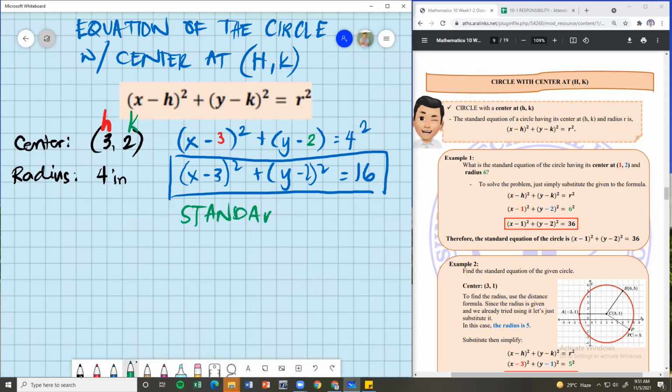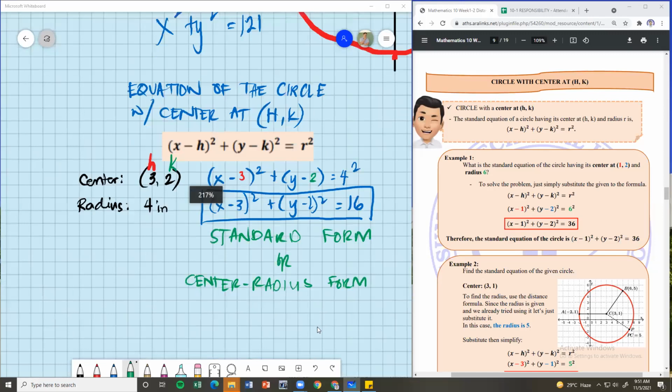Or this is also called the center-radius form. The standard form is also called the center-radius form because the center and the radius are very clear. They are clearly seen in our equation. Okay? Please take note of that.